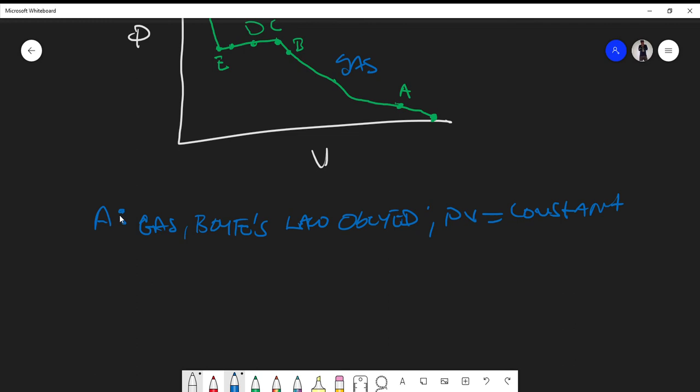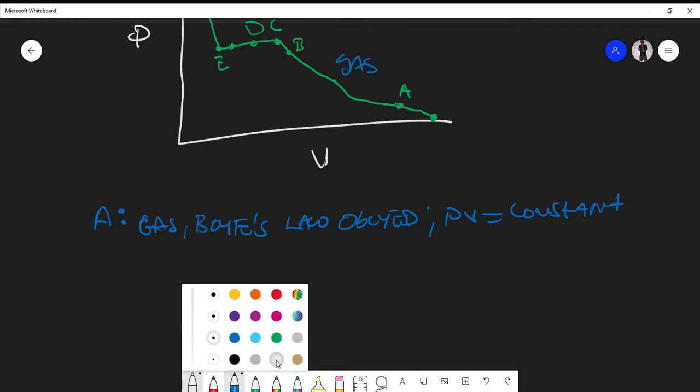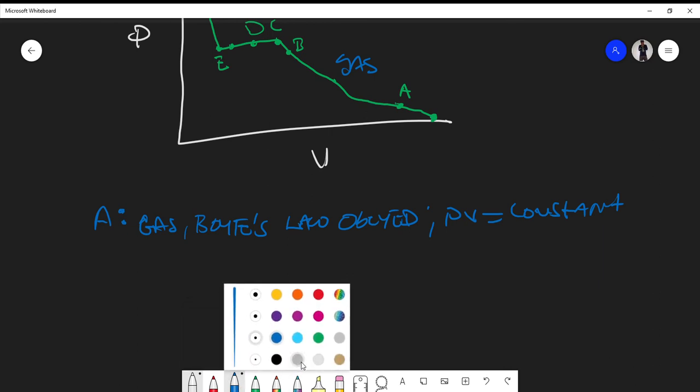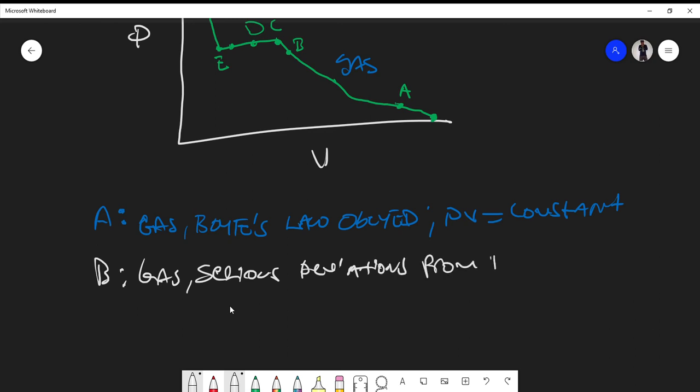So that is point A. Now point B is where, for the gas, we have serious deviations from Boyle's law.